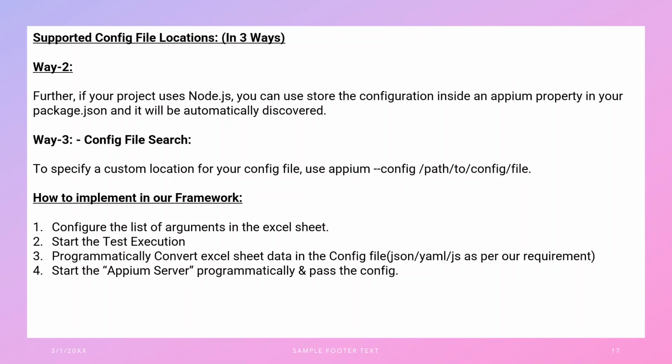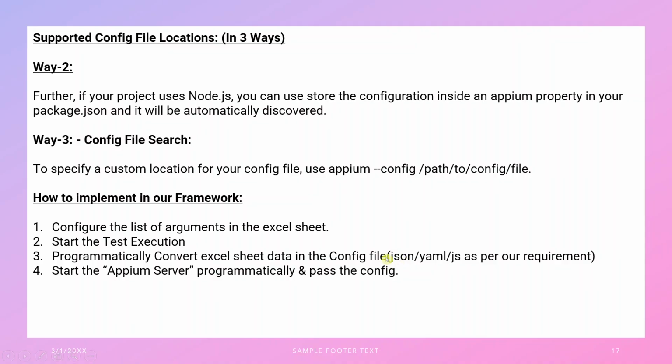We can choose any format, JSON, YAML or JS, as per our requirement. So we provide the list of arguments in the Excel sheet, and when test execution starts, programmatically I read the Excel sheet and, based upon that data, create a config file in our format.